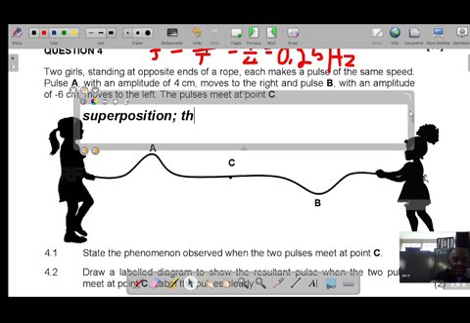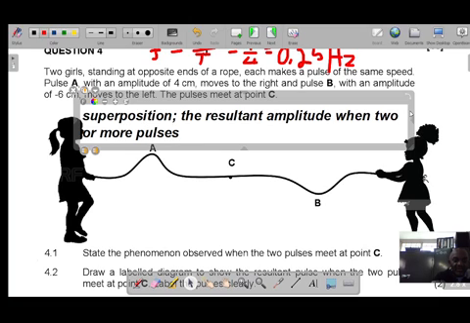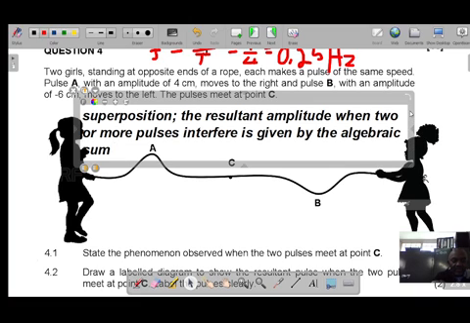It says that the resultant amplitude, when two or more pulses interfere, is given by the algebraic sum of the individual pulse amplitudes.